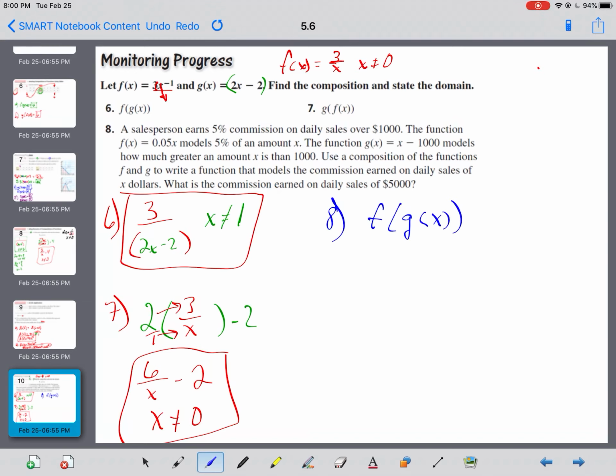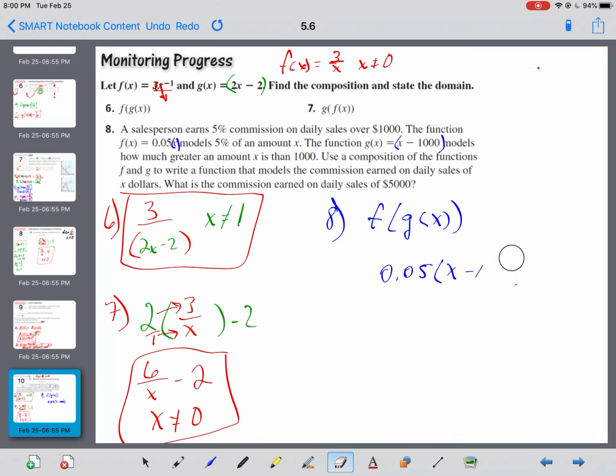So this one goes inside of that one. So f is 0.05 times something, and we're going to plug in x minus 1,000.